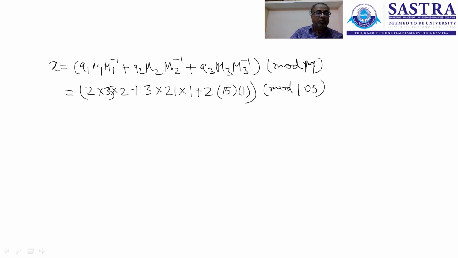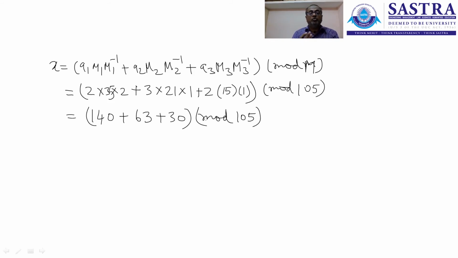Now what do I get? 70 into 2, 140, plus 63, plus 30, mod 105. When you add this, it turns out to be 233 mod 105.